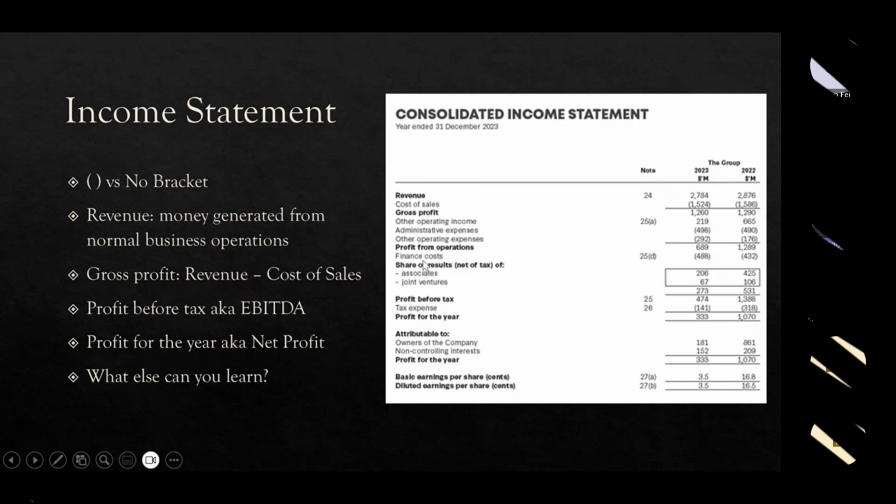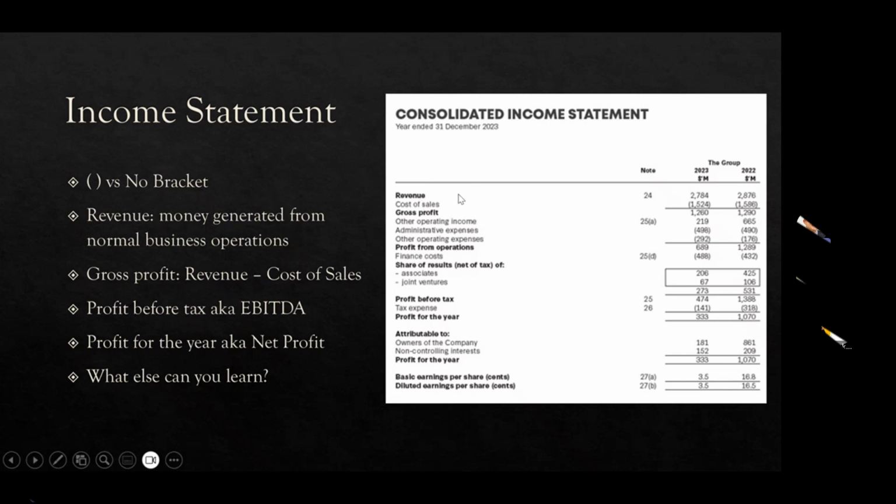For the bracket one, it means it's negative or it's a loss. The one without the bracket would be something that's positive, and I won't say it's profit lah, but it's a plus, it's not negative.